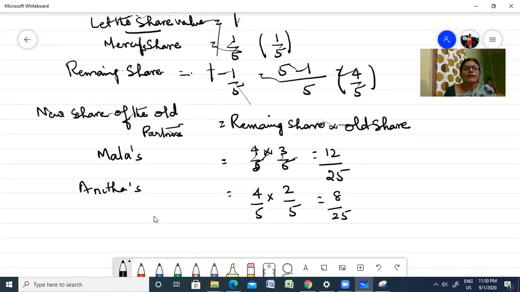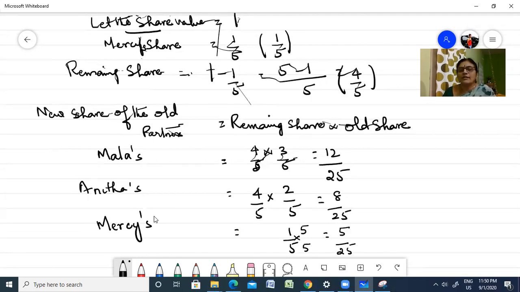Now Mercy's new share. She is going to get 1/5. You can make the denominator the same by multiplying by 5, so the numerator also by 5, which gives 5 by 25.